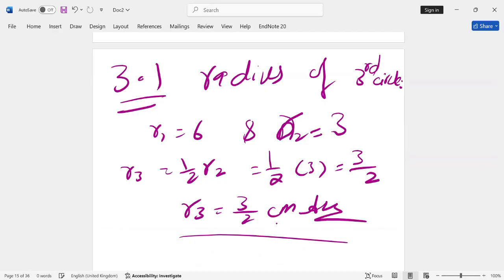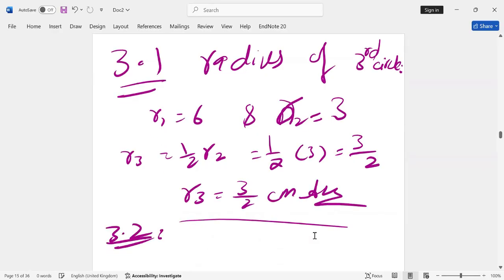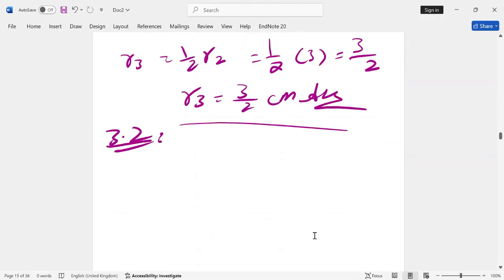So let's move to 3.2. For 3.2, we have to calculate the sum of the areas of the first 10 circles. The area of a circle, as you know, is equal to pi r square.